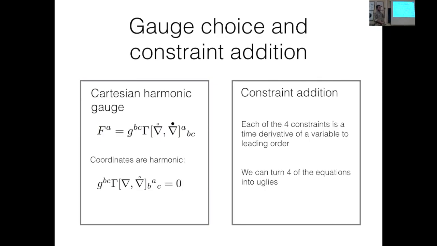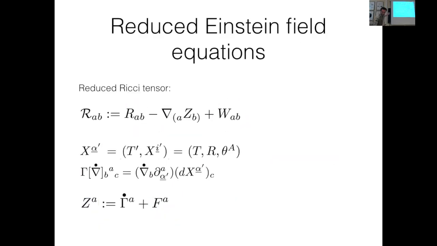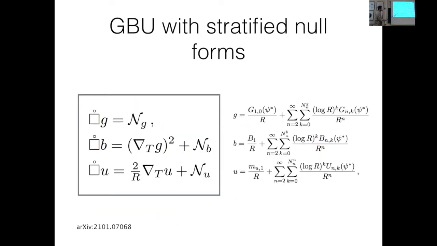Constraint addition. We have 4 constraints to add freely to each of the evolution equations, and it turns out that to leading order, each of these constraints is basically a time derivative of one of the metric functions. And as I showed you before, that's more or less what the uglies look like on the right-hand side to leading order, right?